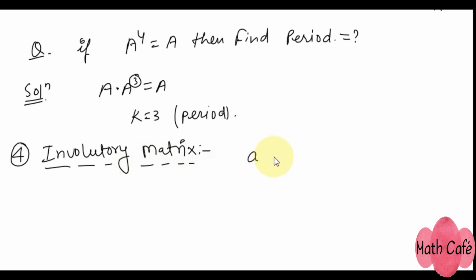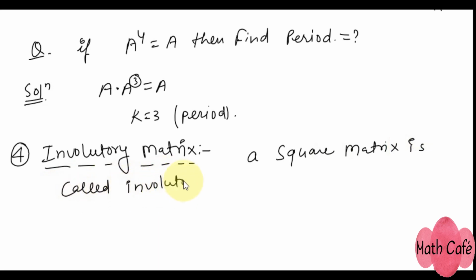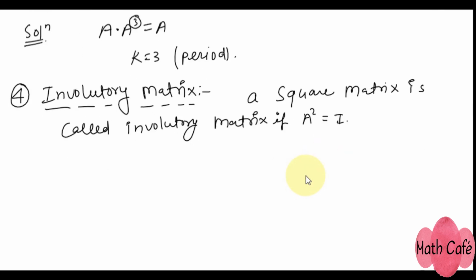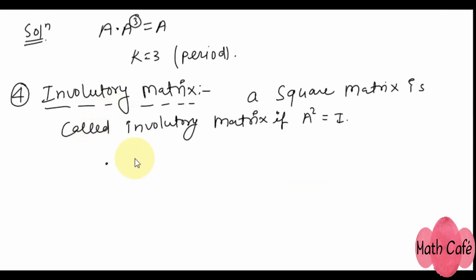A square matrix is called involutory matrix if A square equal to I, that is the identity matrix. So A will be called in this case an involutory matrix. So if A square is equal to I, then A cube will be equal to A.